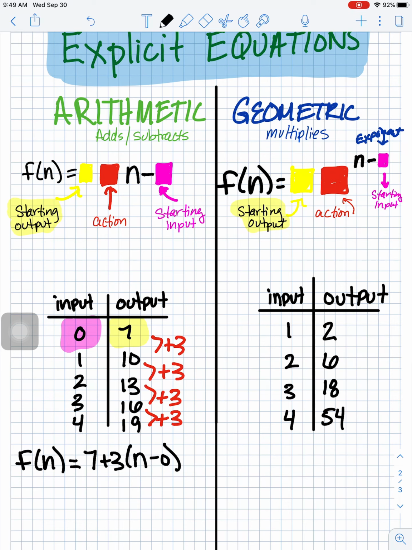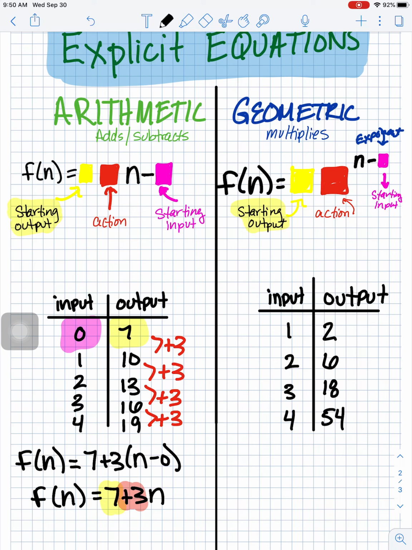But n minus 0 is just n. So to simplify, my expression is f of n equals 7 plus 3n. 7 was my starting output, plus 3 was my action, and n is my variable. I multiply 3 by the number of the input.